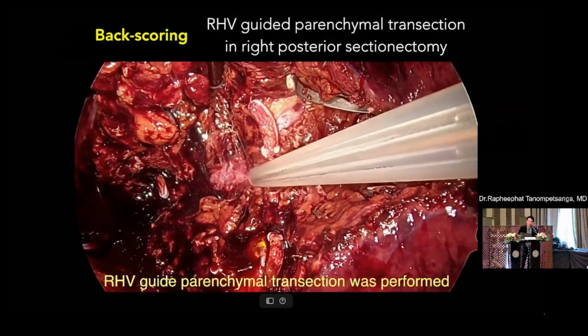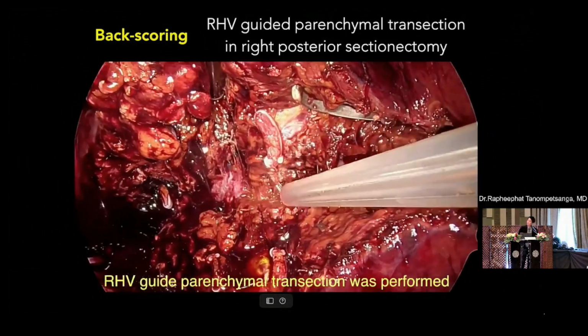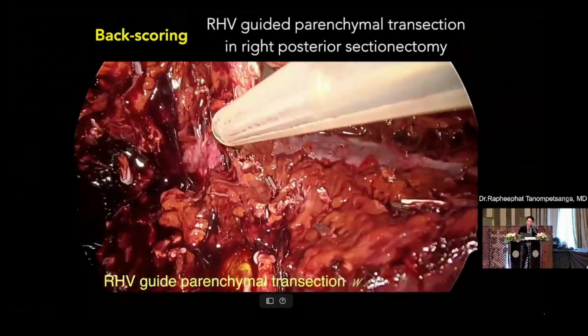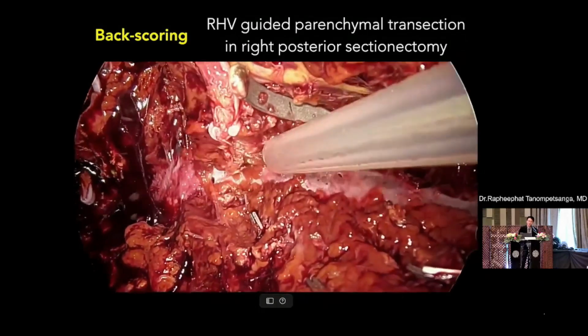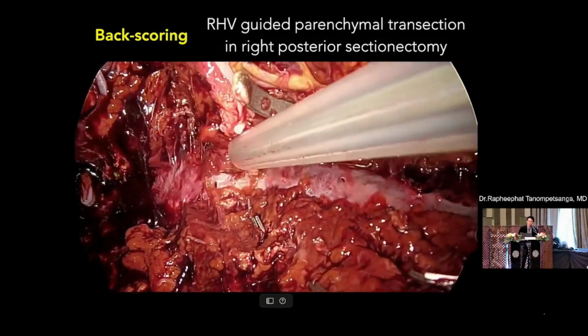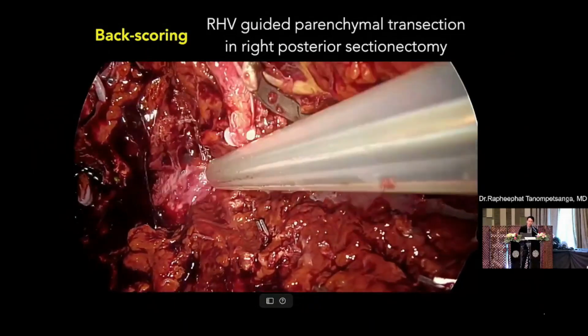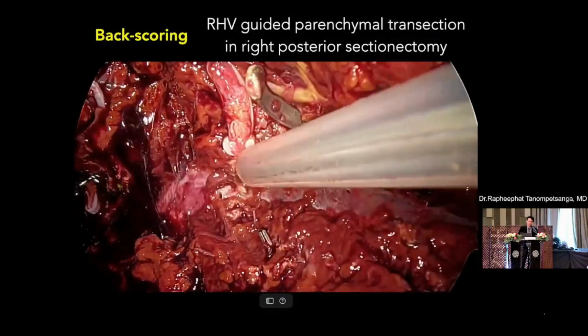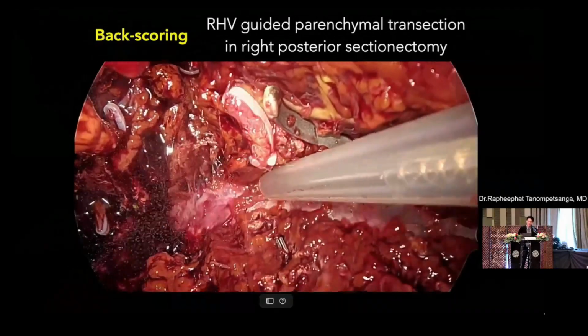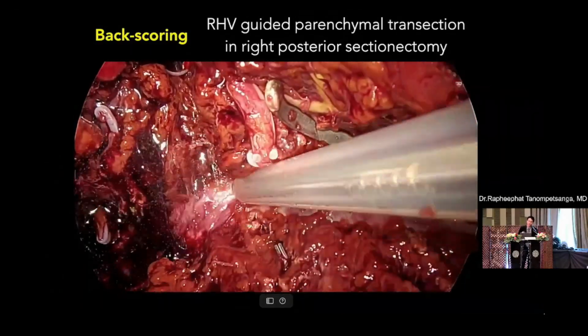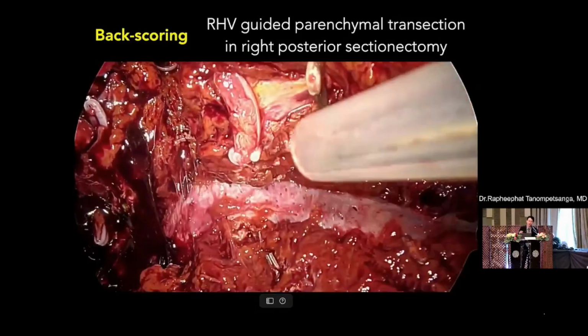So this video clip shows how to do the back scoring technique. In this case, I do right hepatic vein guided parenchymal transection in a right posterior sectionectomy. You can see I activate the QSA tip from the trunk to the periphery along the right hepatic vein.